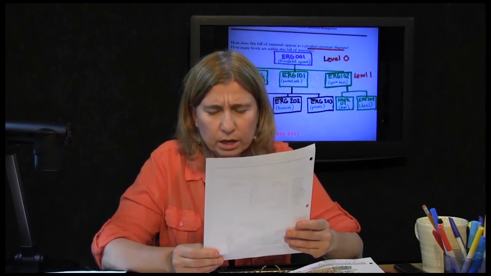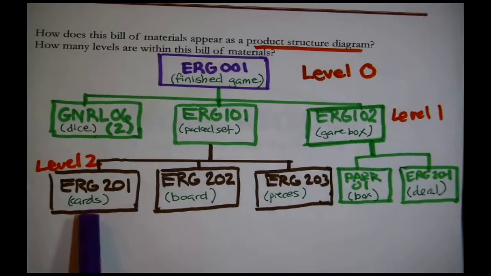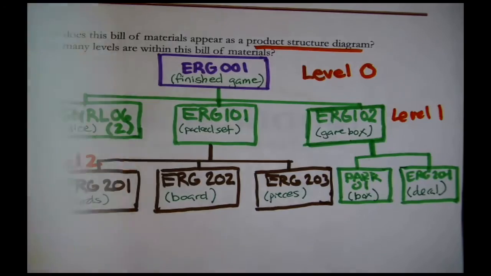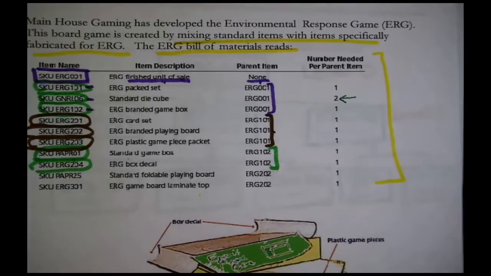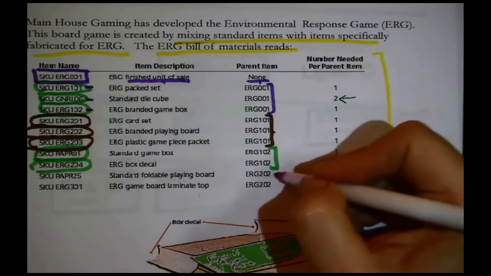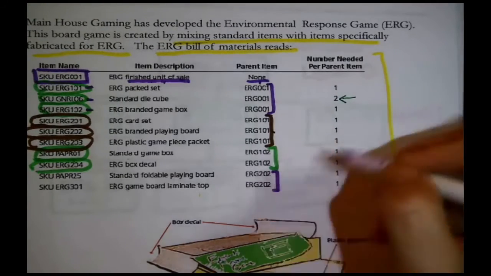Anyway, we still haven't finished this product structure diagram, although we've got to be closing in, because what we need to do now is check, of everybody who's new on level 2 that we've drawn, do they have any children? Okay, ERG 201. Do I see ERG 201 here anywhere? And the answer is no. We don't really need to go through the list because I noticed that there's only 2 other items here.